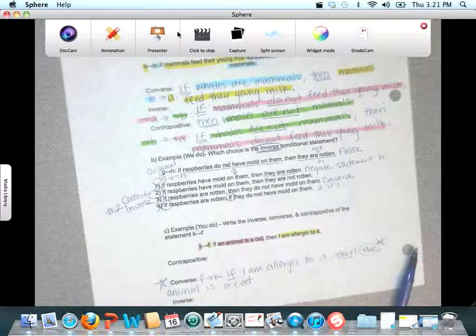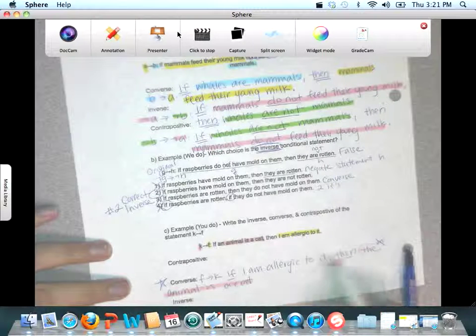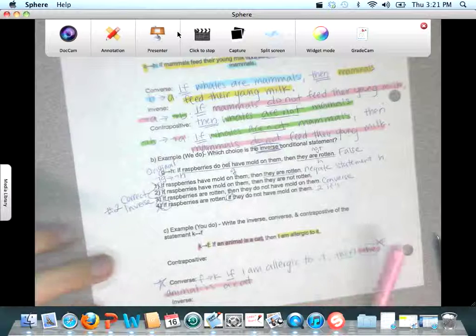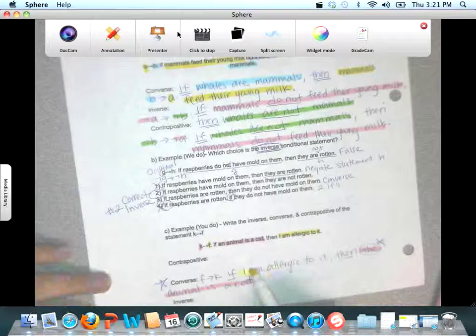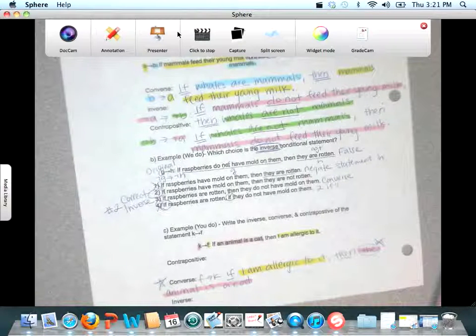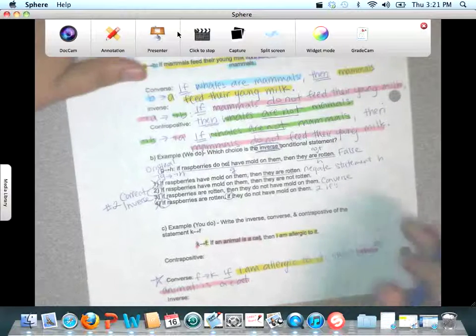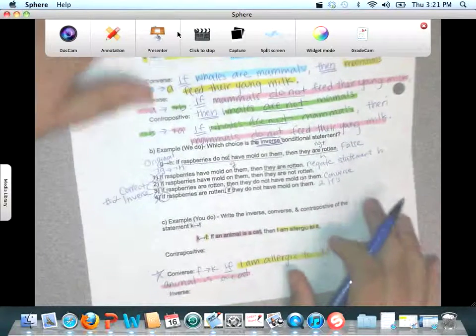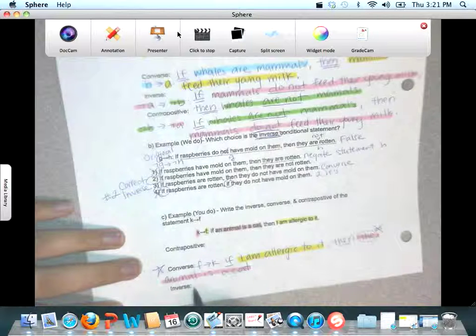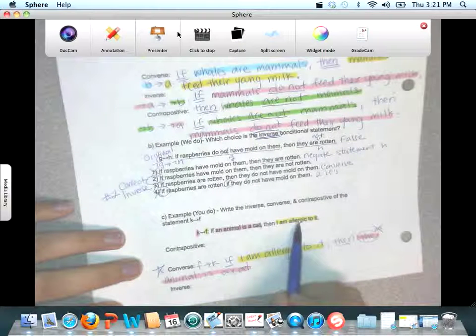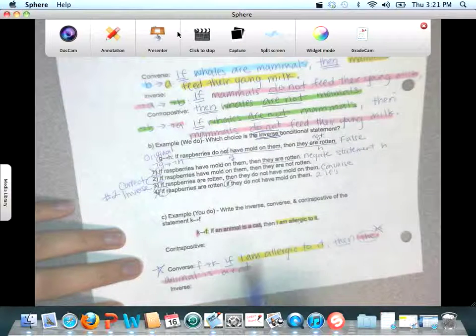So notice that an animal is a cat is second, and I am allergic to it is first. The inverse, move this up a little bit, the inverse has the same order but negated with the nots.